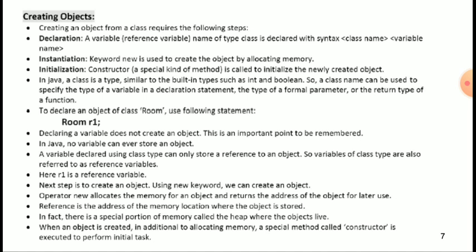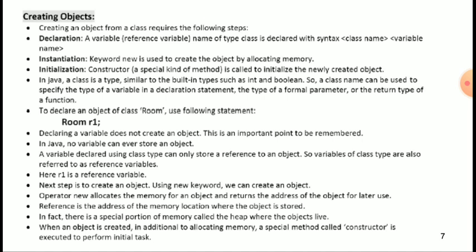Next is instantiation, that means the keyword new is used to create the object by allocating memory. Next is initialization, that means a constructor. A constructor is a special kind of method. The constructor is called to initialize the newly created object.